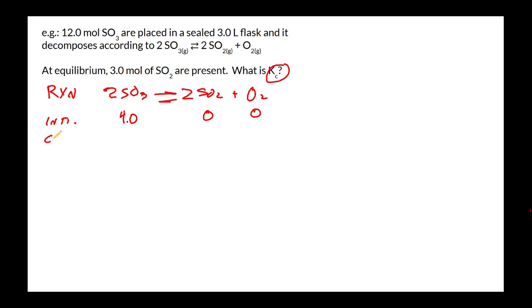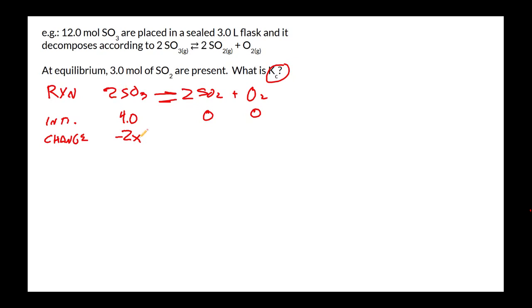The next line is C, which stands for change. Here we're just laying out the stoichiometry. SO3 has a 2 in front of it, and it's a reactant, so we're going to lose it. We don't know how far the reaction is going to go before it reaches equilibrium, so we're going to say it's going to lose 2x moles. The 2 comes from the coefficient.